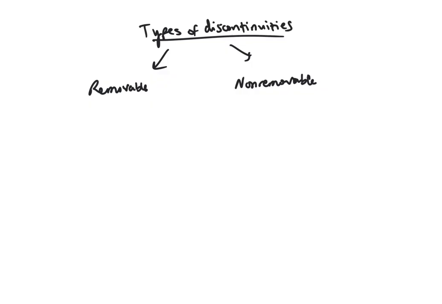So we have removable and non-removable discontinuities. The only type of removable discontinuity that I'm aware of is the hole. The way this is described is you can fix it. So if you want to make a note to yourself, you can fix a removable discontinuity by simply redefining or defining the function at a particular point.